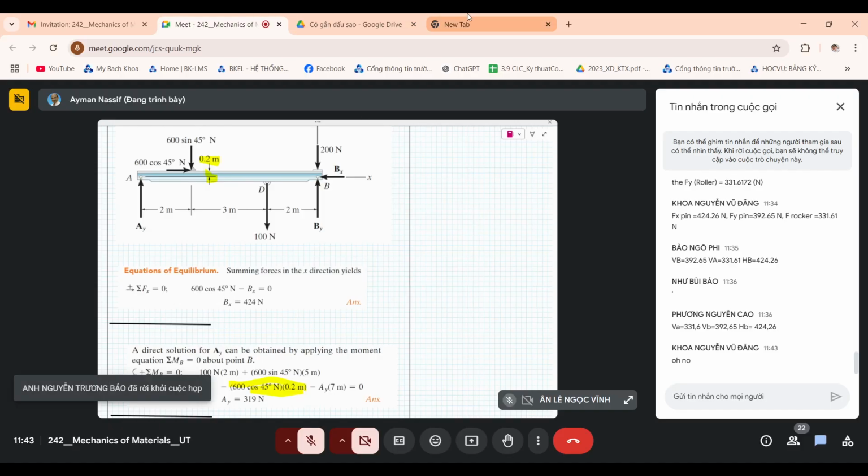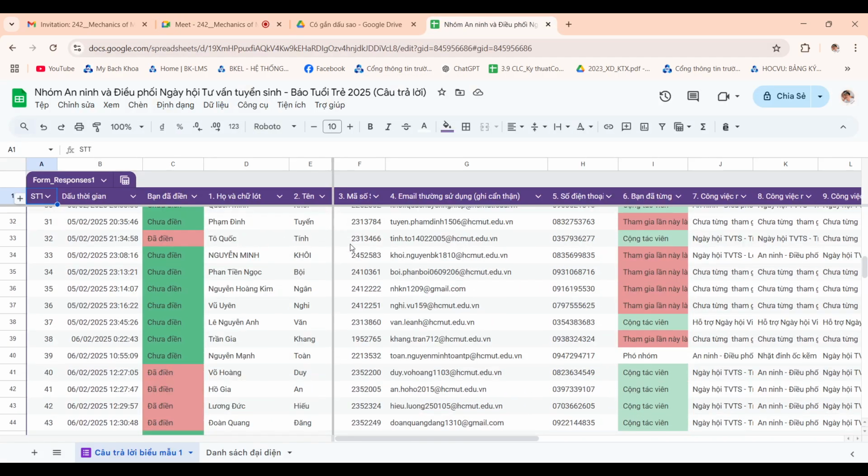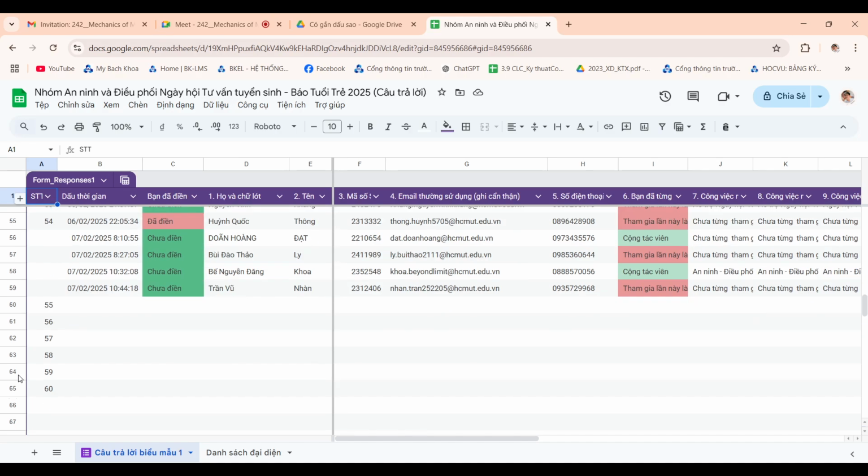So please correct your mistake because these two forces here will have a rotational effect around this point. So please make a note of this mistake. Do you have any question, please, about this mistake? Anyone? Okay.